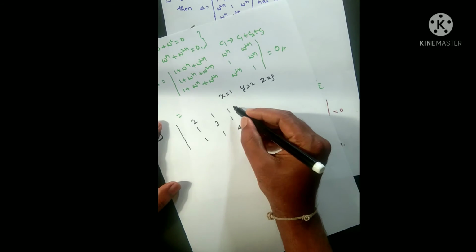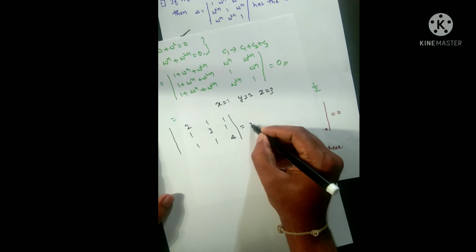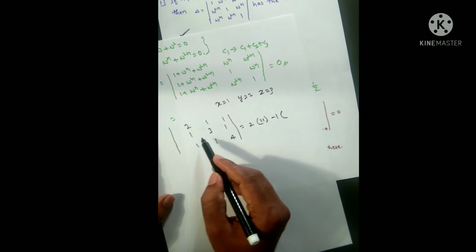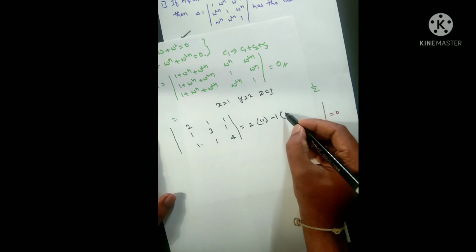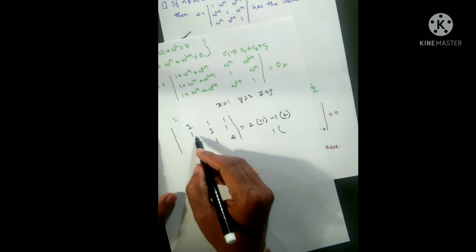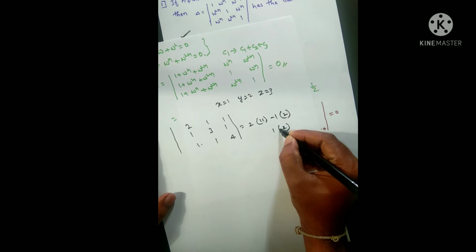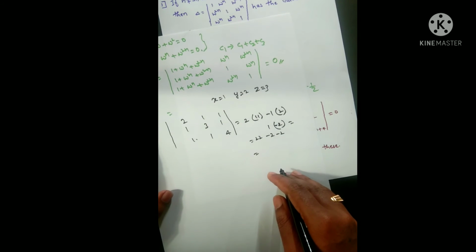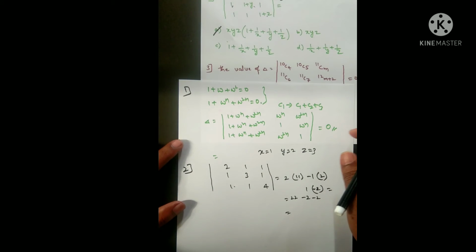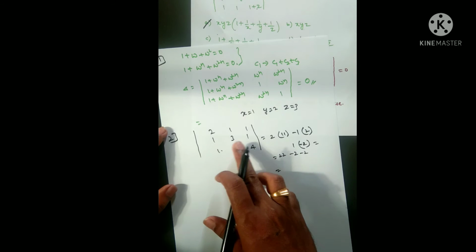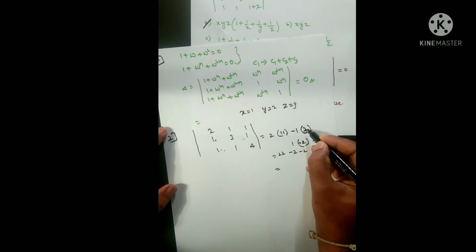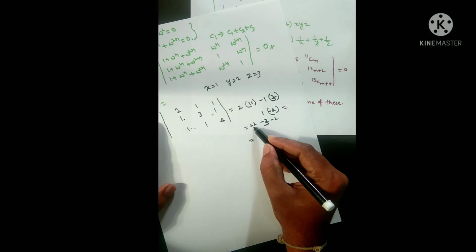Then the value of this: 2 into 3 fours are 12, minus 1 is 11, minus 1 is... something I made a wrong here. 2 into 12, wait, here 4 into 4 minus 1, that is 3, sorry, 3, then 3 here, then 12 minus 2 is... that is 17.